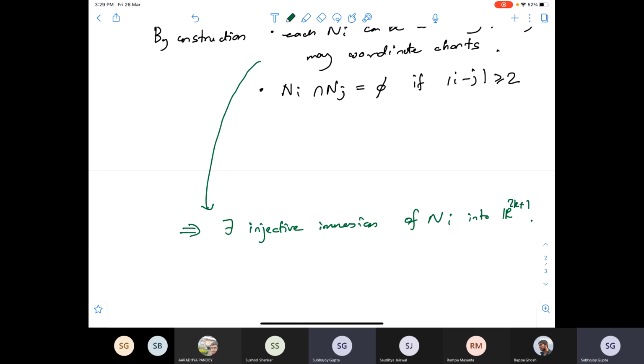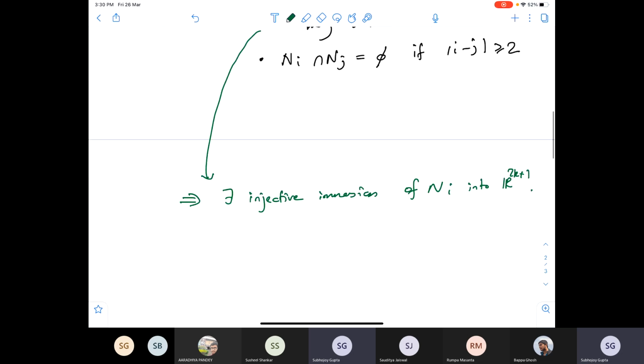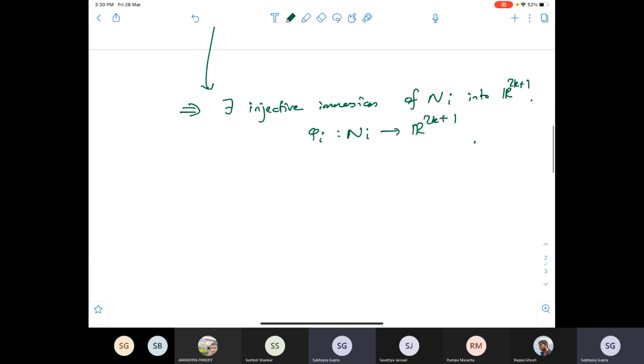So now we're going to use that. Let's give it a name: phi from ni to R to the 2k plus 1. We're going to use these to put together an injective immersion of the bigger manifold. So let's start with some bump functions.